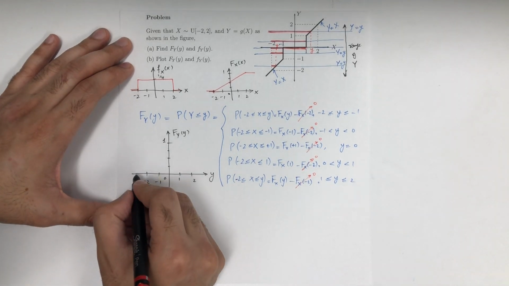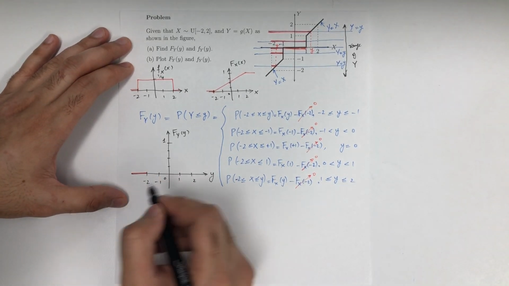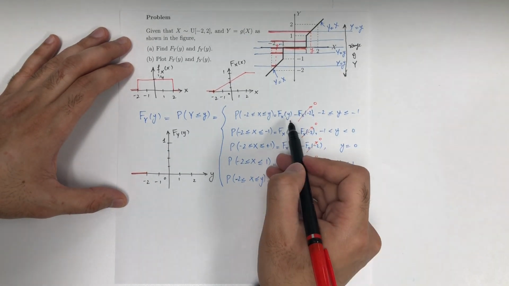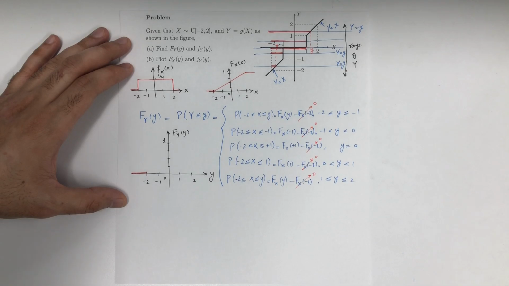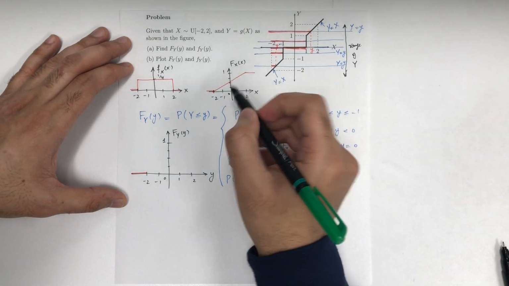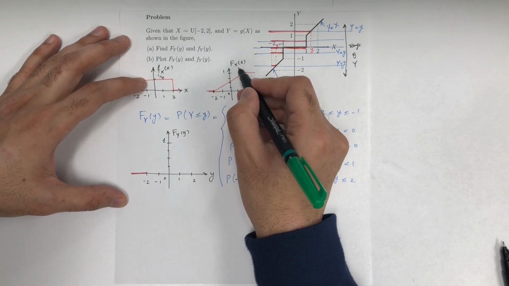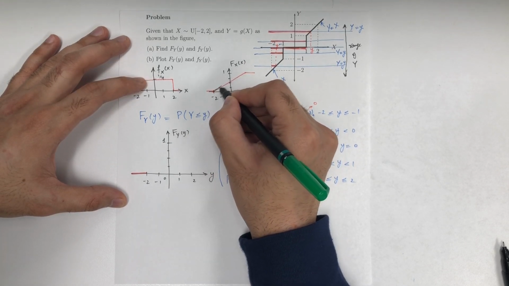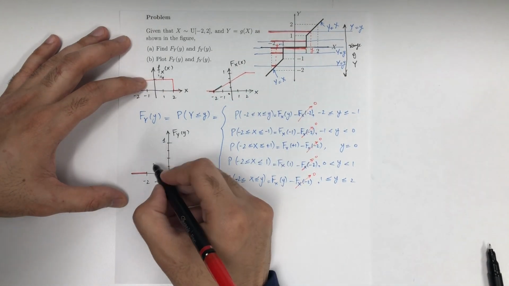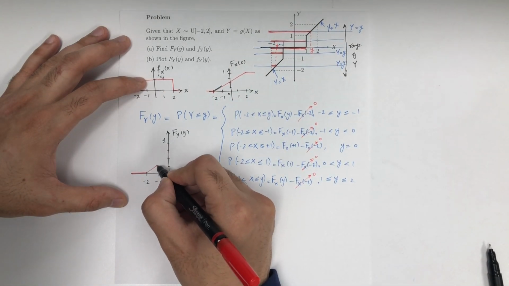So before -2, it is 0. And between -2 and -1, it is fx of y. That means we take this region from fx between -2 and -1. So we just plot this. That means this straight line here.